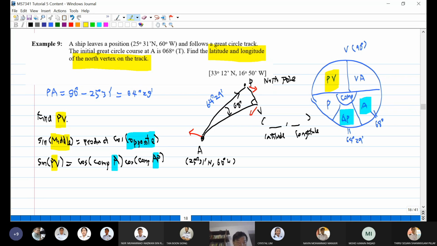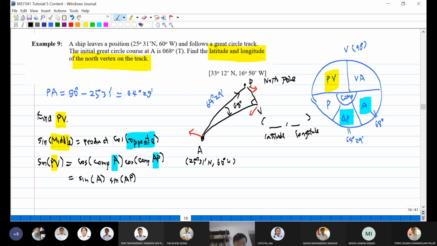Then we make use of something we know: cosine comp A is the same as sine A. So they cut down your calculation. Cosine comp AP is the same as sine AP. Otherwise, you always have 90 minus A, 90 minus AP.